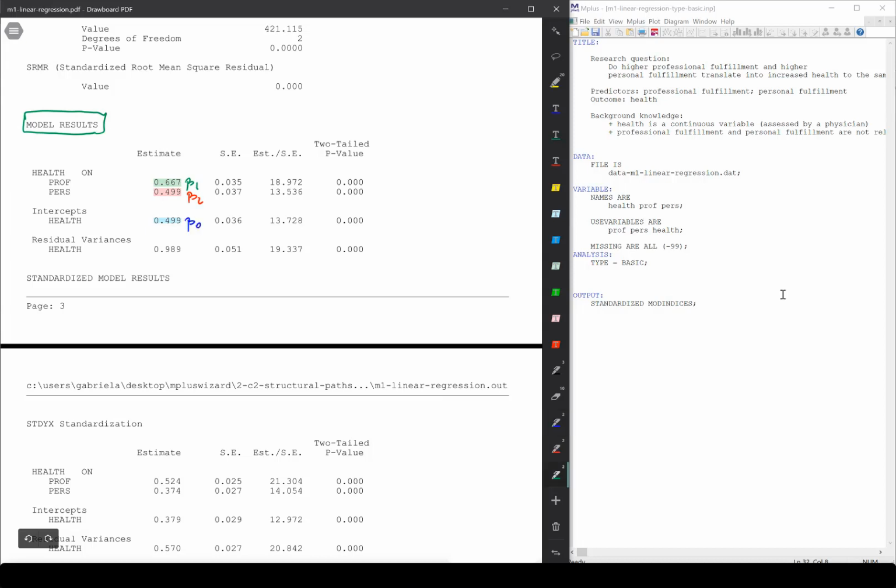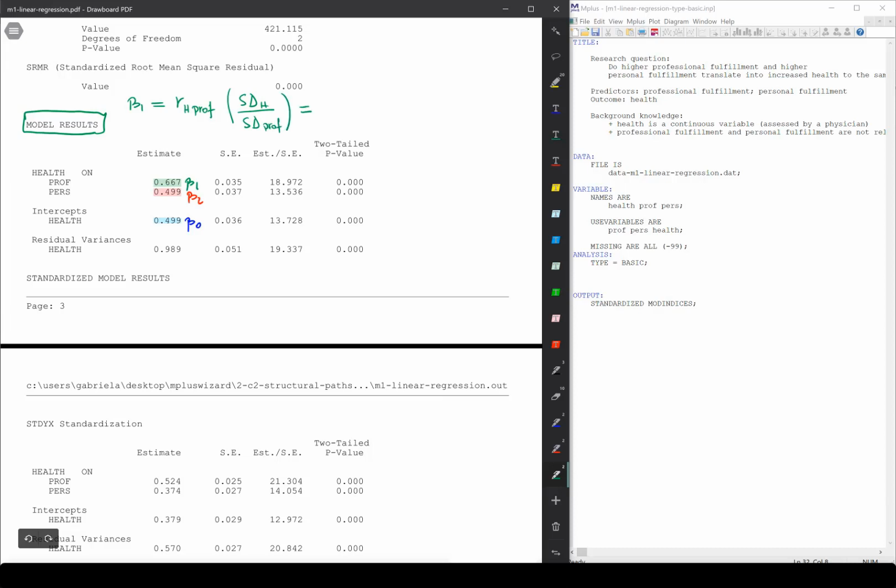And let's have a look at the mathematical formula for them. If we wanted to compute beta 1 using OLS regression, we would take the correlation between health and prof, and then we would multiply that by the standard deviation of health over the standard deviation of prof.